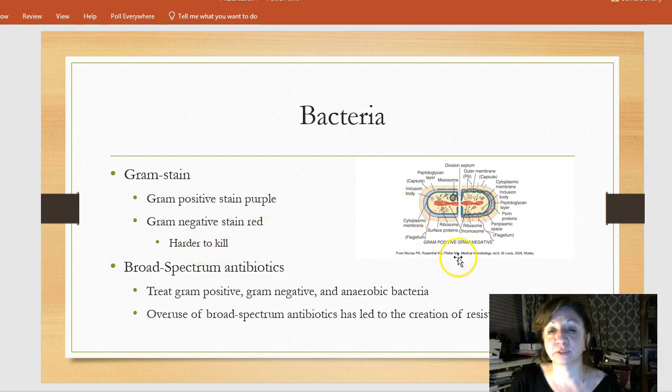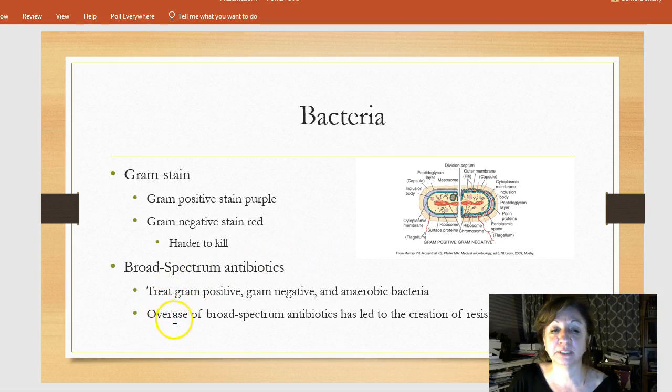And then if you want to look back at your bacteria and how we actually invade, we usually work on the cell layers, so the lipid layer of the bacteria, and these antibiotics work to destroy the cell of the bacteria, and then it dies, and then eventually more and more die, and then they're not able to continue growing.